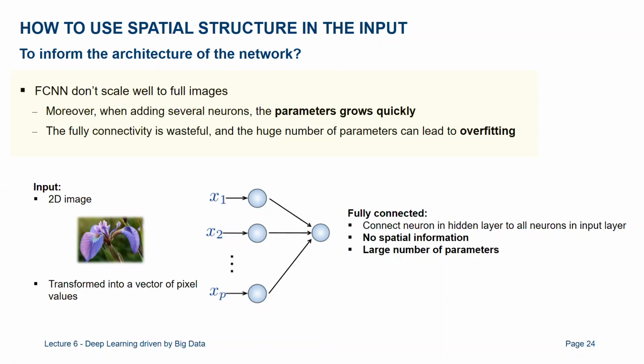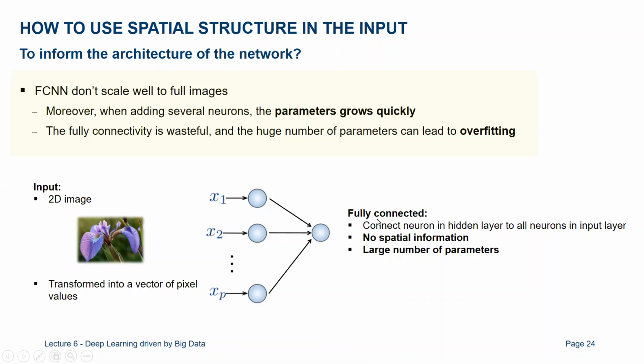And this might not be the right solution, because if you have an image with good resolution, you might want to preserve such information in order to study, for instance, the relationship between neighbor pixels.